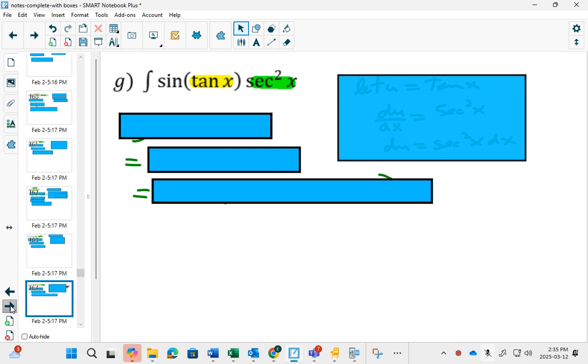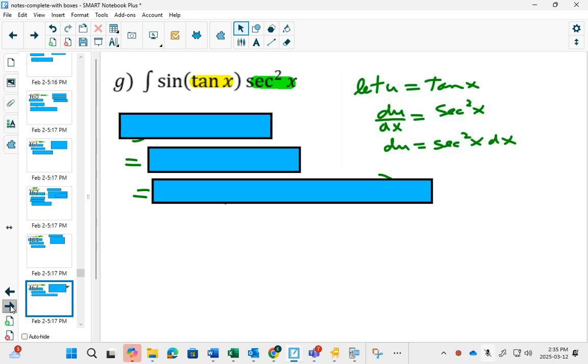But if we do that substitution, then u is tan, its derivative is secant squared. We can get du by itself, secant squared dx. Oh, this question is missing the dx. Is it missing it in yours, or did I fix it? Yours is good, okay.